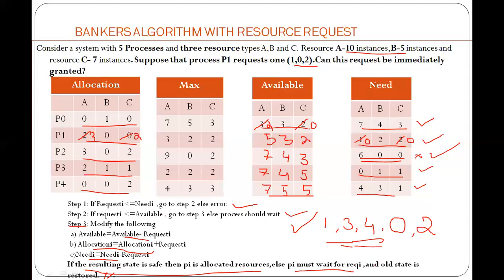This means, if the resulting state is safe, only then Pi is allocated resources, else Pi must wait and the old state is restored. That is, if the resulting state is not safe, then Pi is not going to be granted resources, and we go back to the old values only, right? Here right now it's been accommodated, so we stick to these values.